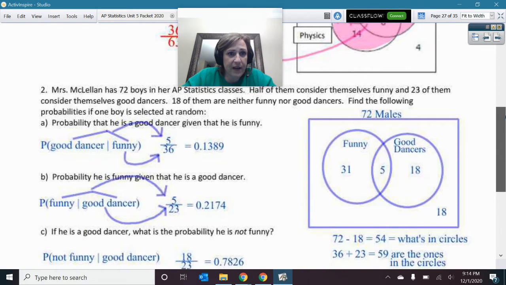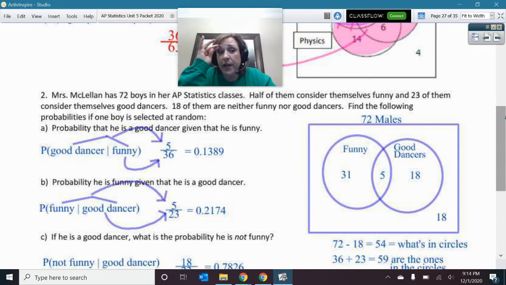All right, so here we have a little bit more. You could have either made a two-way table yourself. This one you had to do yourself. I prefer Venn diagrams. If you're doing your two-way table, then you end up with these numbers here in the middle. So here we go. The probability that we have a good dancer, given that he is funny.